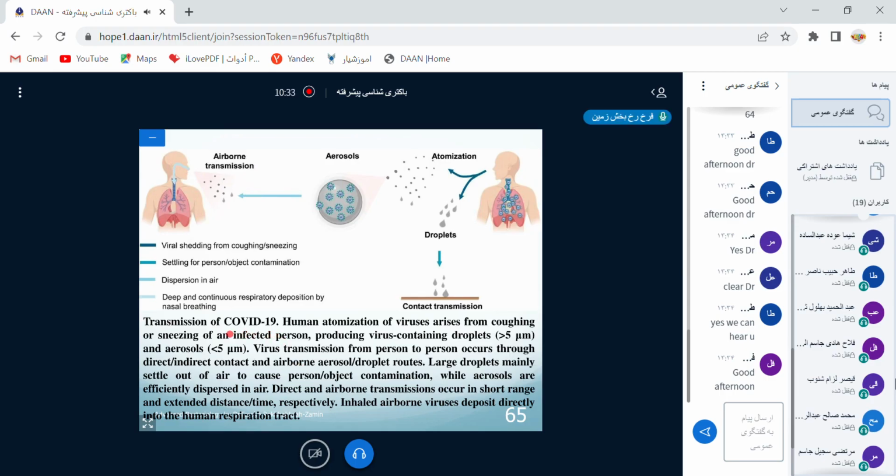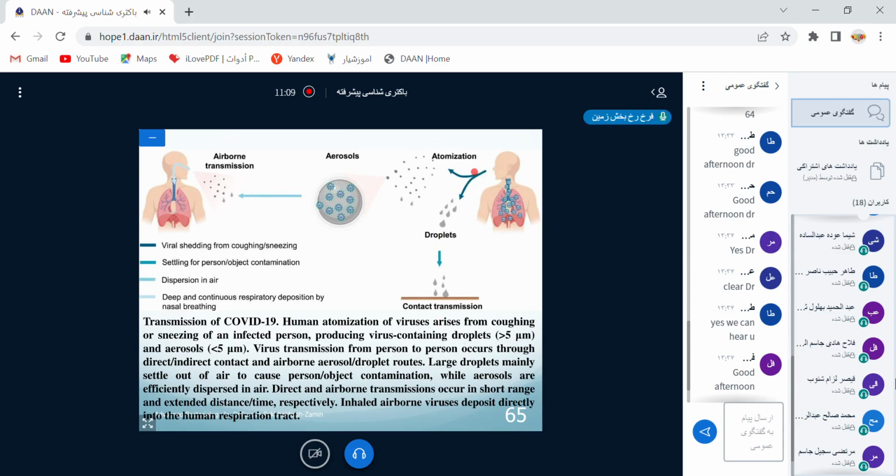Because COVID-19 is very important these days, I put one slide related to coronavirus. Transmission of COVID-19: human atomization of virus arises from coughing or sneezing of an infected person, producing virus-containing droplets.